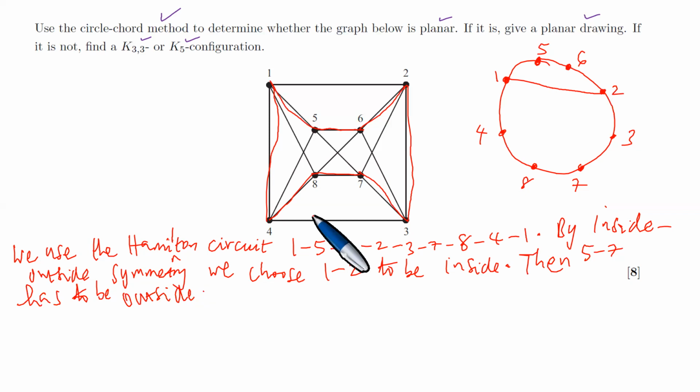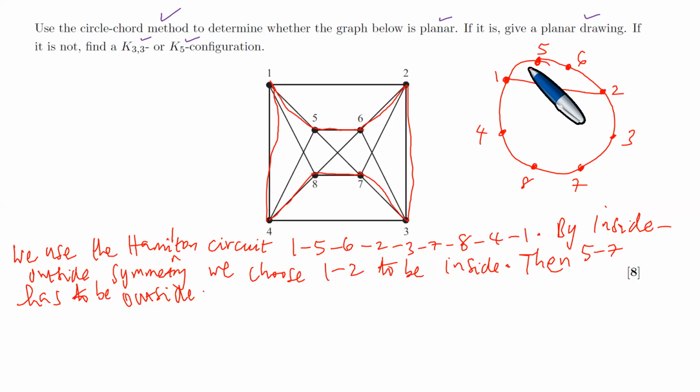Right. So now 5, 7 has to be outside. Now let's look at that one. If you draw 5, 7, it has to be outside.